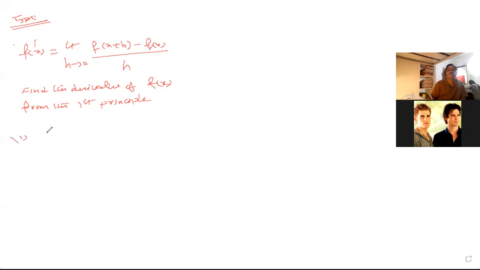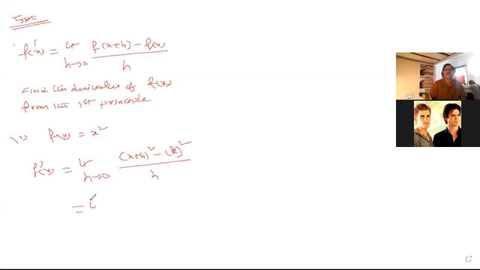My f of x is, as you know very well, x square. So what is the derivative of this one? The derivative of x square is 2x. With the help of first principle, are we able to do it? Yes, we can. Here you can write x plus h whole square minus x square divided by h.